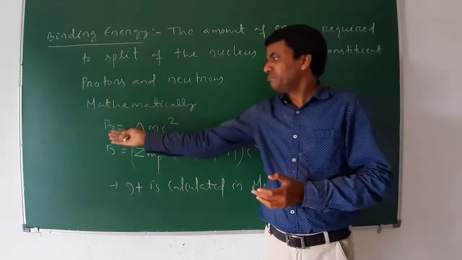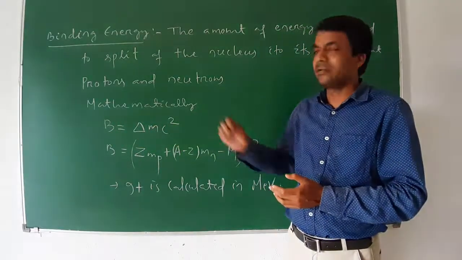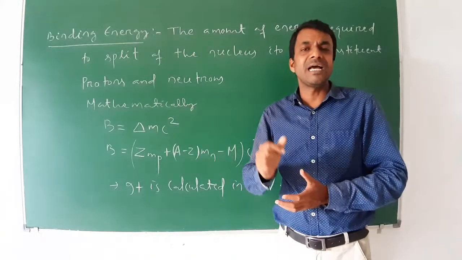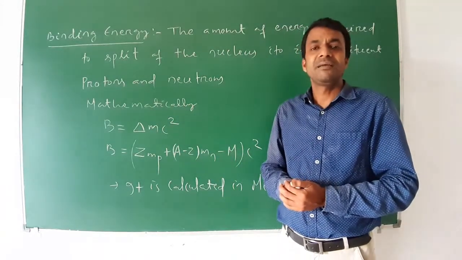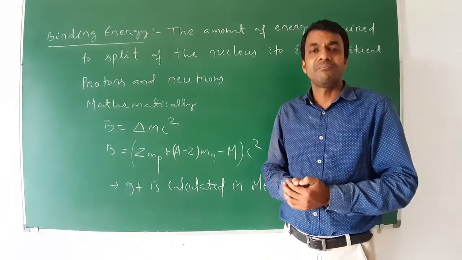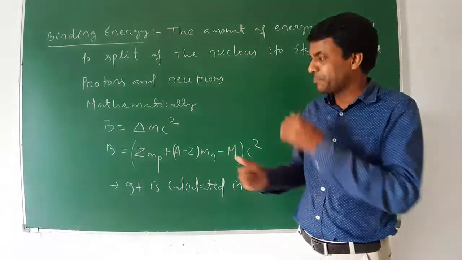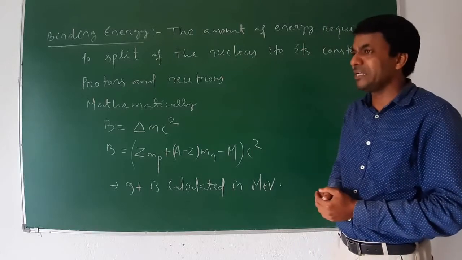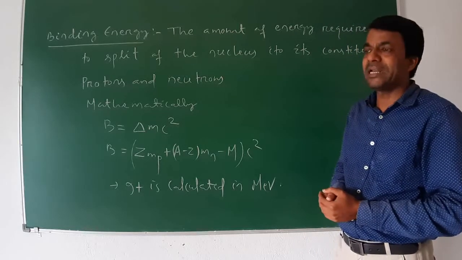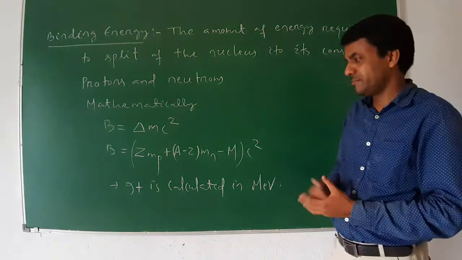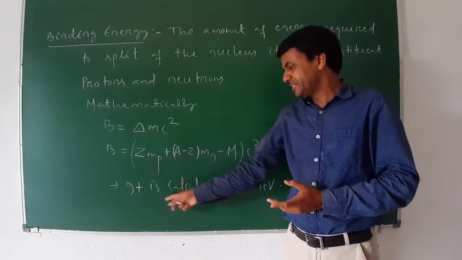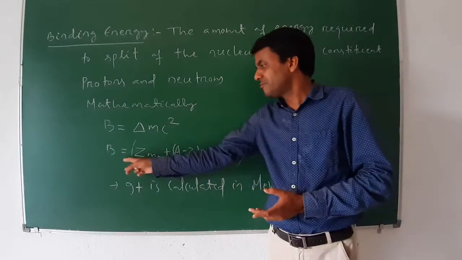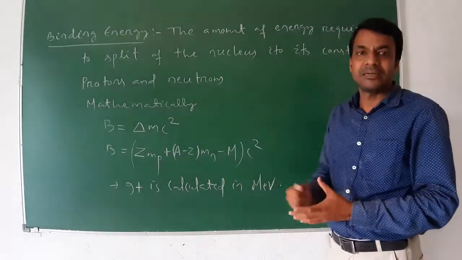Now, B is equal to delta m c squared, but delta m is equal to Z Mp plus (A minus Z) Mn minus capital M. Therefore, binding energy B is equal to [Z Mp plus (A minus Z) Mn minus capital M] whole times c squared. It is calculated in mega electron volt, and this is the required formula for binding energy.